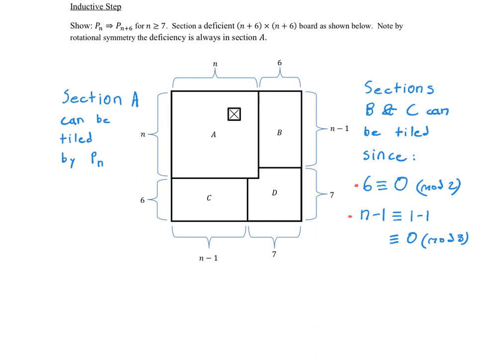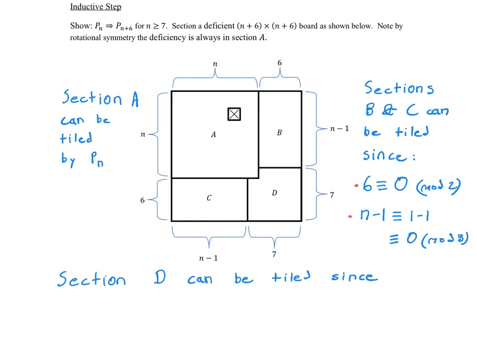Finally, section D. Section D can be tiled since all 7 by 7 deficient boards can be tiled with Trominoes. In this particular case, we really only need the corner, but we've already shown in our previous video that all 7 by 7 sections can be tiled regardless of where the deficiency is.